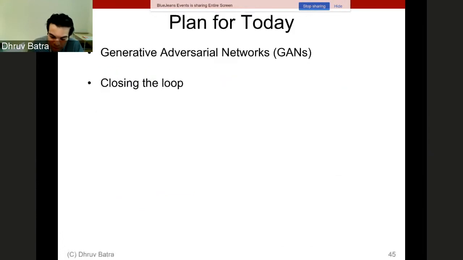Okay. So that's what we wanted to cover on GANs. At this point, we have finished introducing everything that we wanted to teach in this class. I want to take maybe 5 minutes to look back and see what we've learned in the semester.